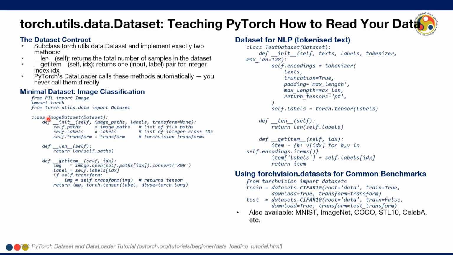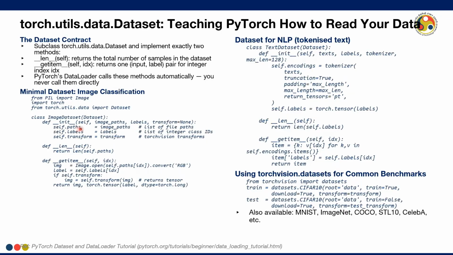Here is one minimal data set preparation for image classification, let's say. For an objective like image classification, we need to prepare an image data set. If we were doing an NLP task, for example, we would need to prepare a natural language or text based data set.